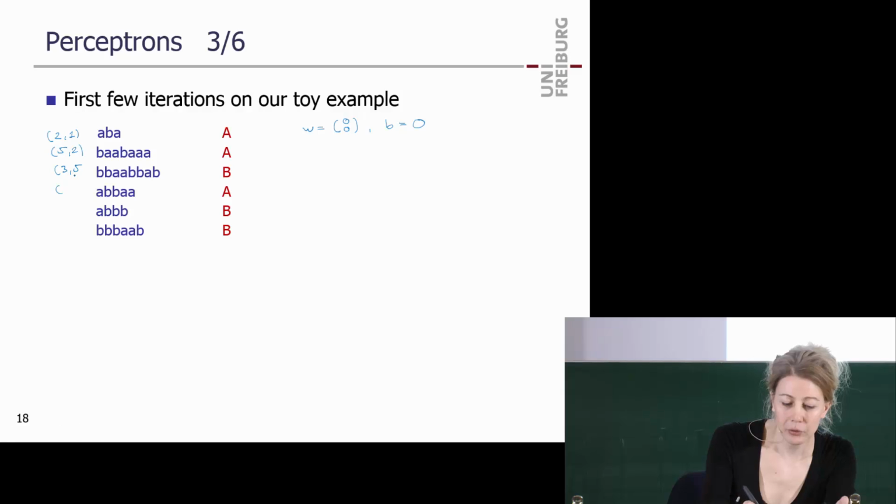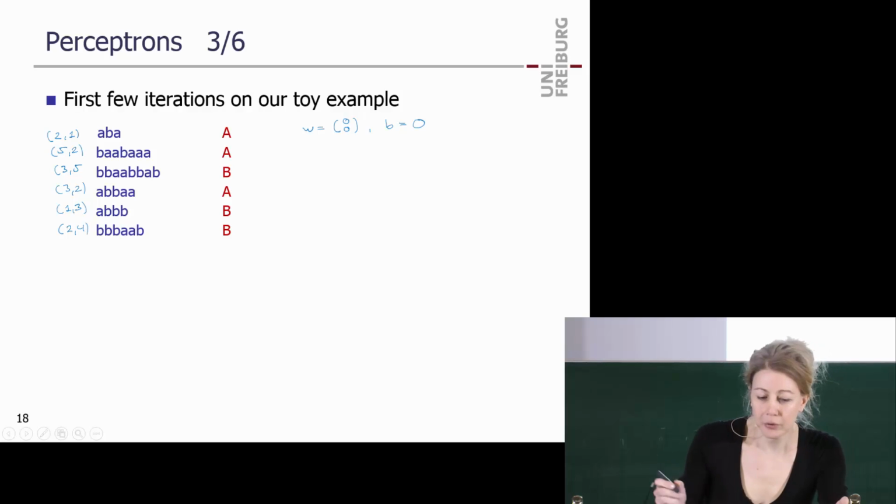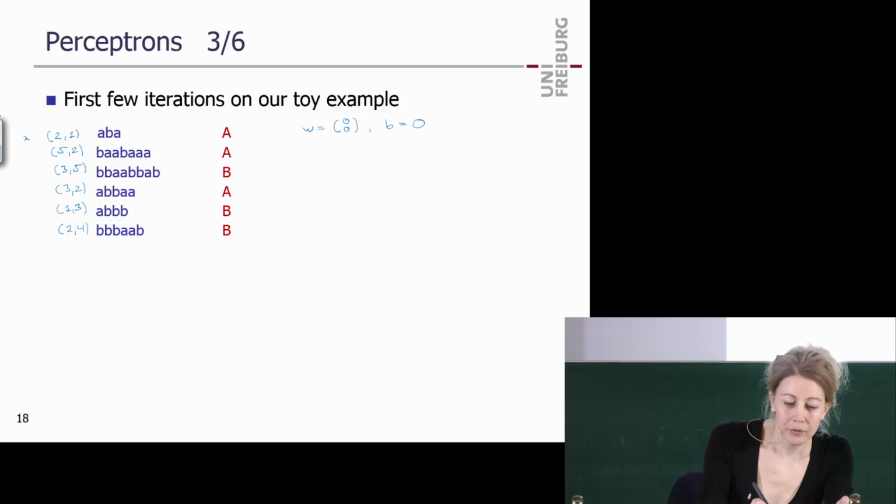This is 3, 2. This is 1, 3. And this is 2, 4. I will only do 3 iterations or so. So now this is my x1, and let me just go through them in the order as they are written here.